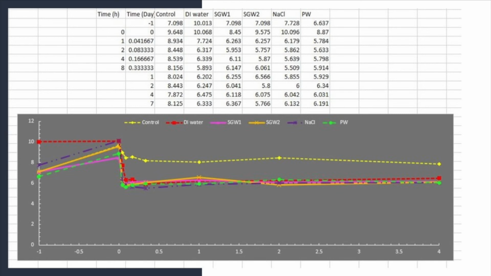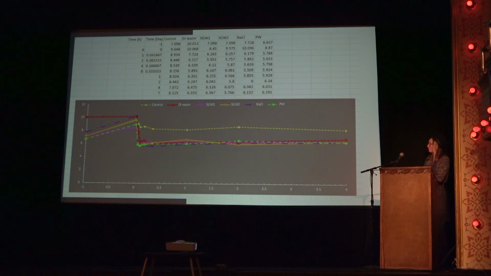Then that nice drop at the very beginning is when we originally inject the CO2. The CO2 is very acidic, and so it lowers the pH level a fair amount for a lot of these. Then a lot of the stuff in the sand and the salt in some of the groundwater evens out the pH as time goes on.